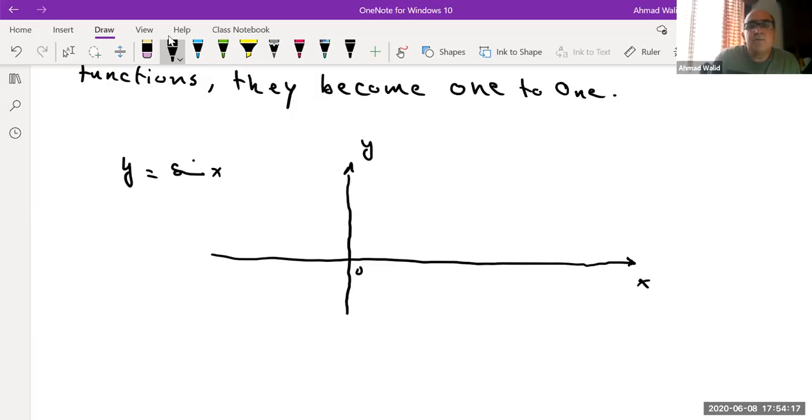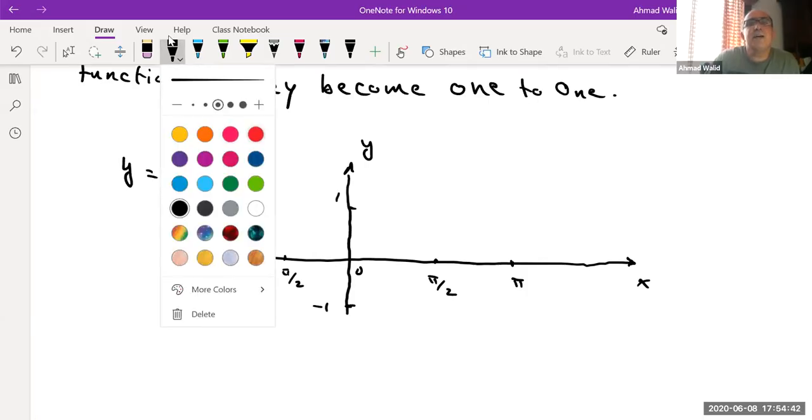Here is 0, here is pi, here is pi over 2, here negative pi over 2, and here negative pi. Here positive 1, and here negative 1.